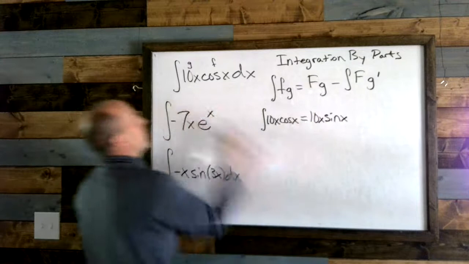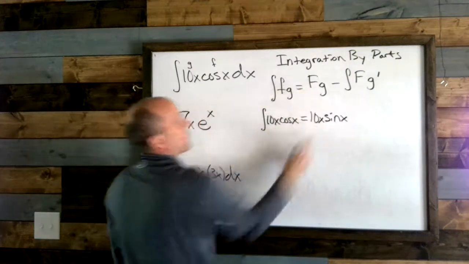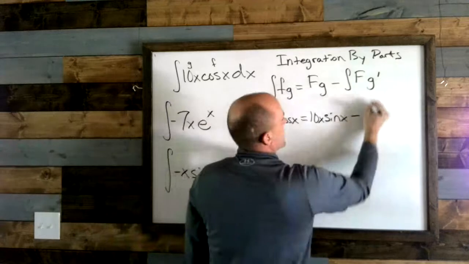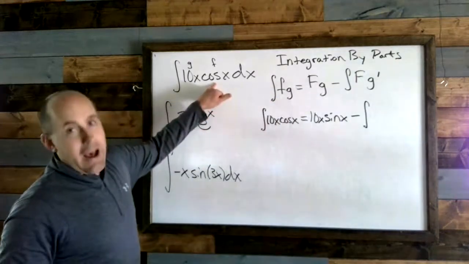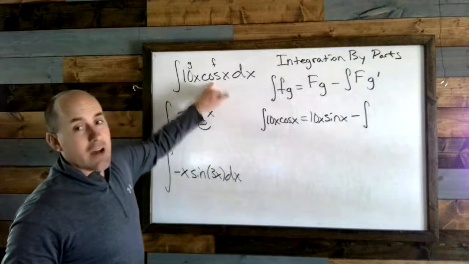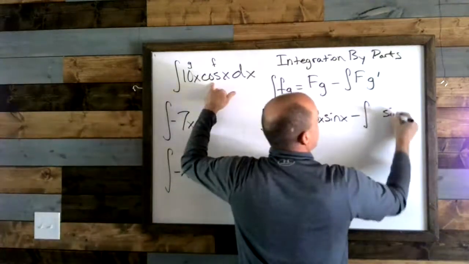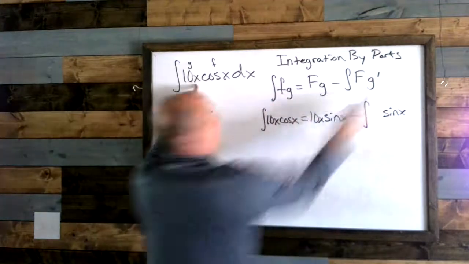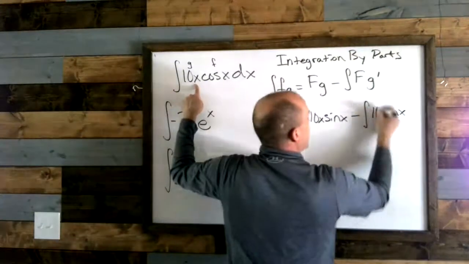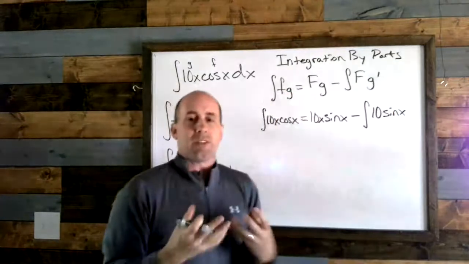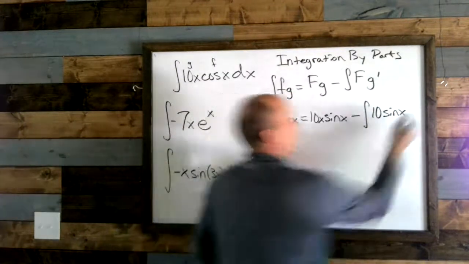So I have big F times little g right here, minus the integral. Now watch what happens. If little f is cosine, then big F is sine of x, and g prime is the derivative of 10x. Notice how the x goes away, I get 10. So g should be something that when you take the derivative of it, it comes out nice for this integral.